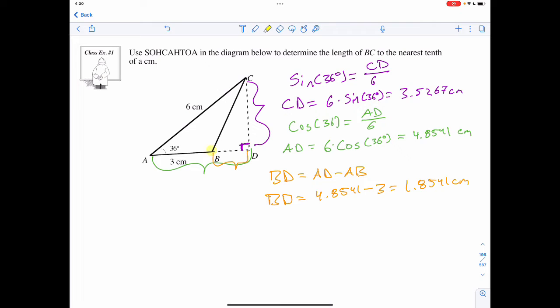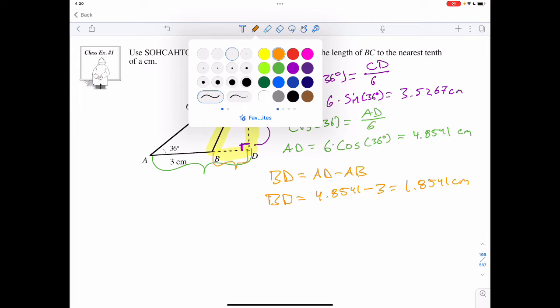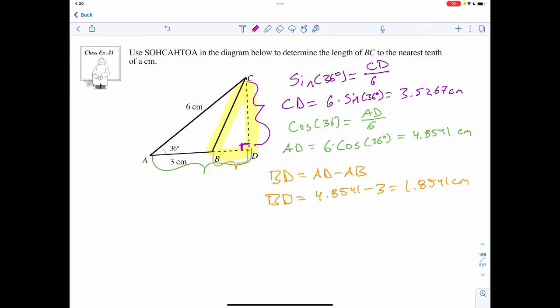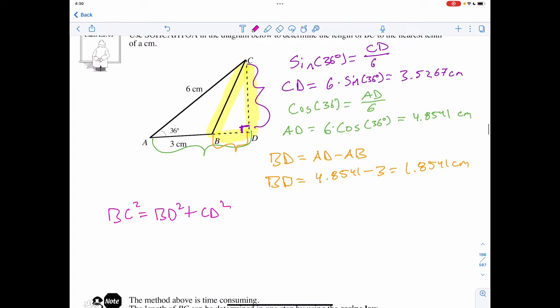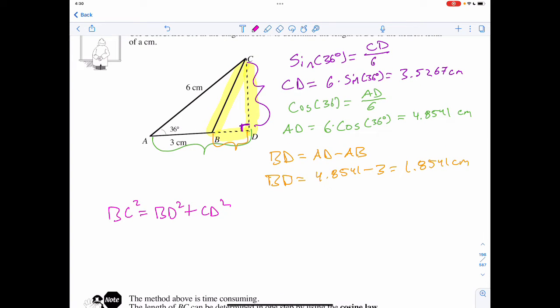And now, if I'm trying to solve for what this side length is, I know what this side length is, I know what this side length is, and it's a right angle triangle, I'm just going to use my Pythag. I can say that BC squared is equal to BD squared plus CD squared, which we've already solved.